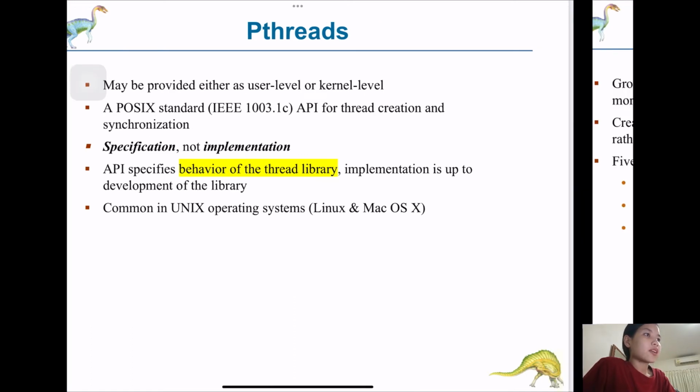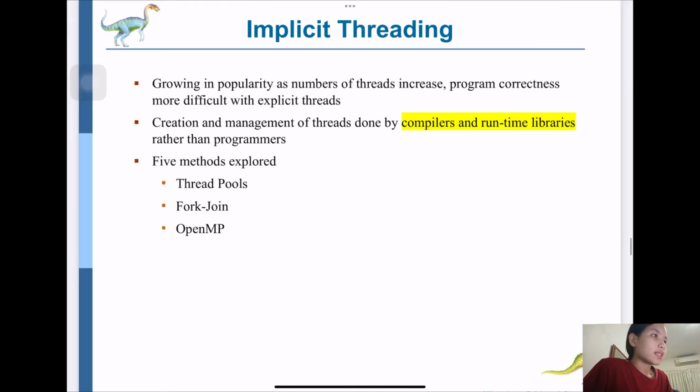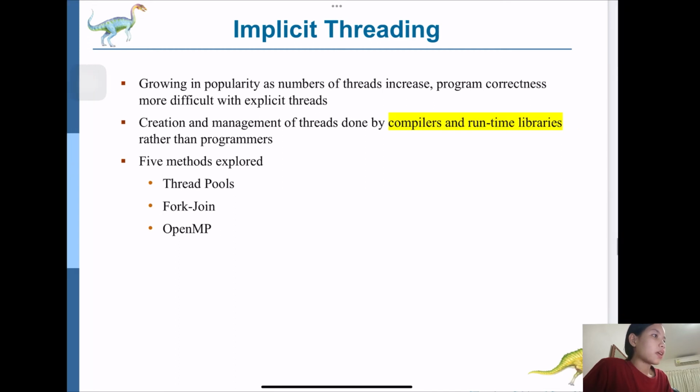Implicit threading is growing in popularity as the number of threads increases. Program correctness is more difficult with explicit thread creation, so creation and management of threads is done by compilers and runtime libraries rather than programmers. Five methods are explored: thread pools, fork-join, OpenMP, and others.